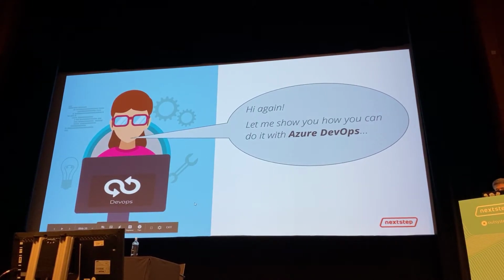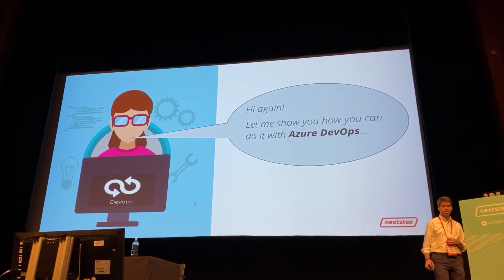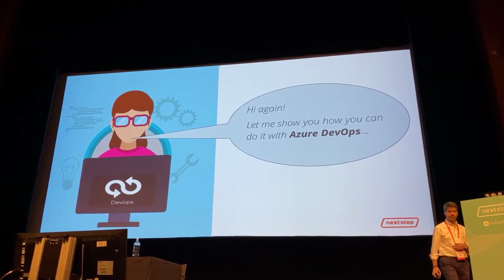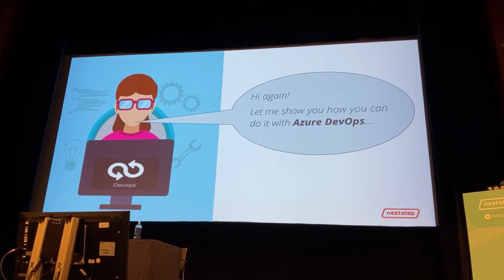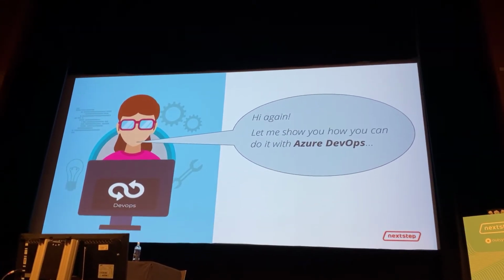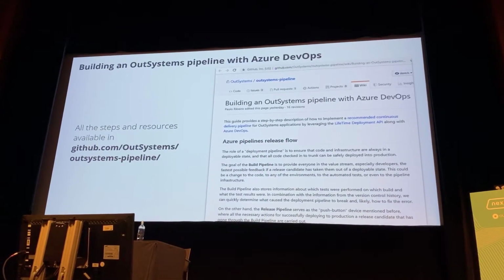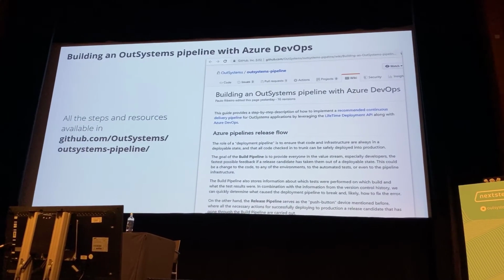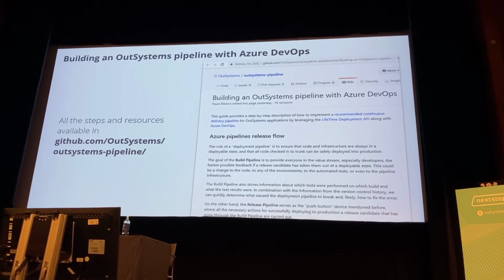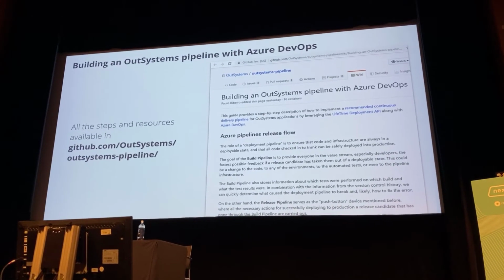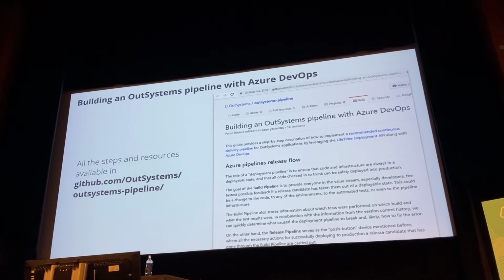So how about Azure DevOps? Do we have time? So, a few minutes left, so let's touch on Azure DevOps. Again, all the steps are in our GitHub repository. I will pass through the main steps. I'm not going into detail.